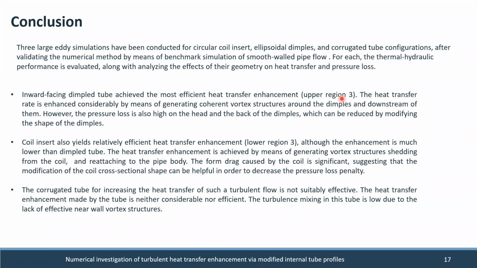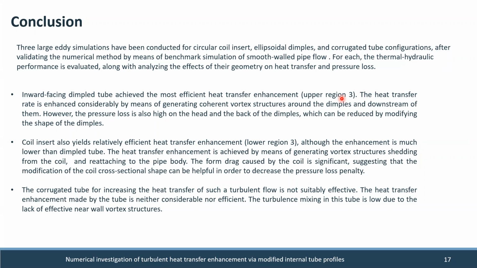So to sum up, we did three large eddy simulations for the circular coil insert, the ellipsoidal dimples, and the corrugated tube configuration. We did that after validating our numerical method by simulating an unprofiled pipe.